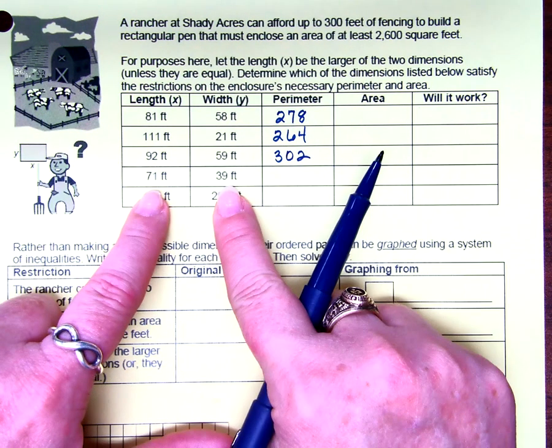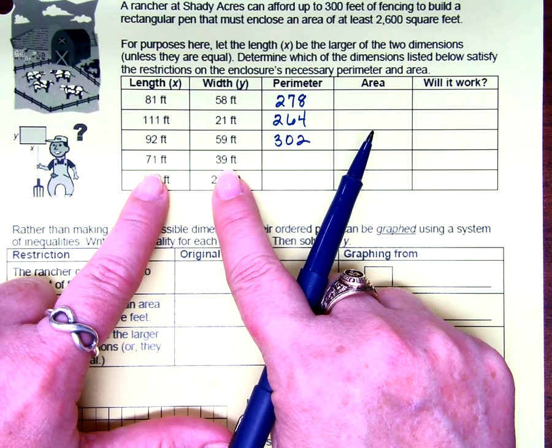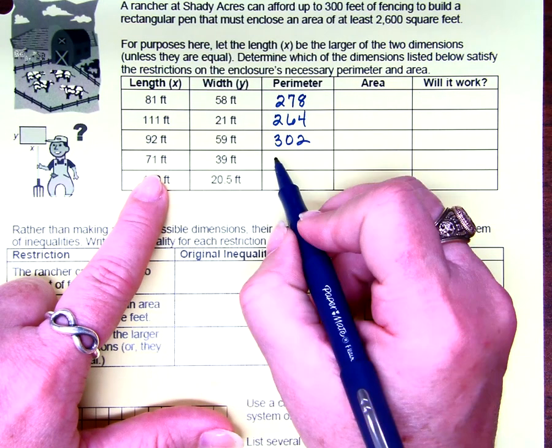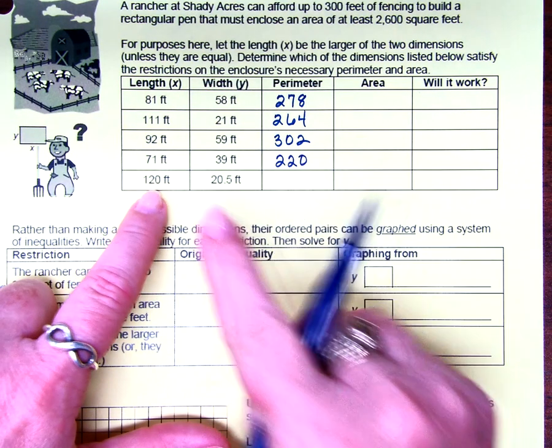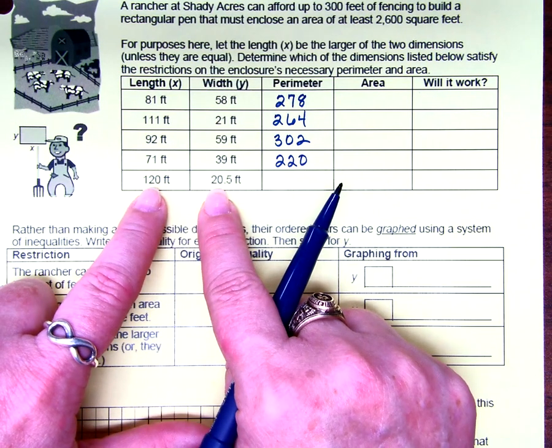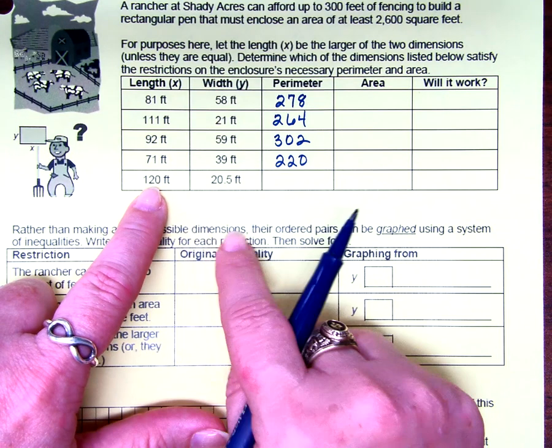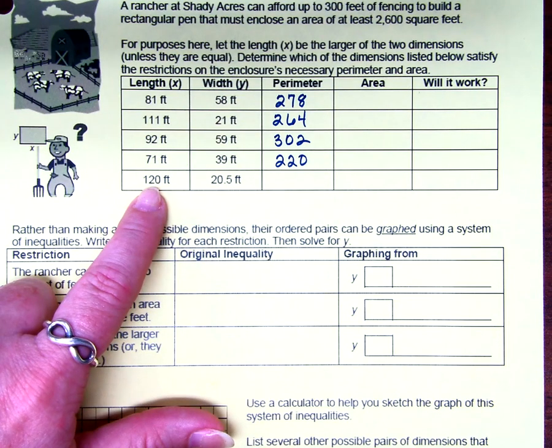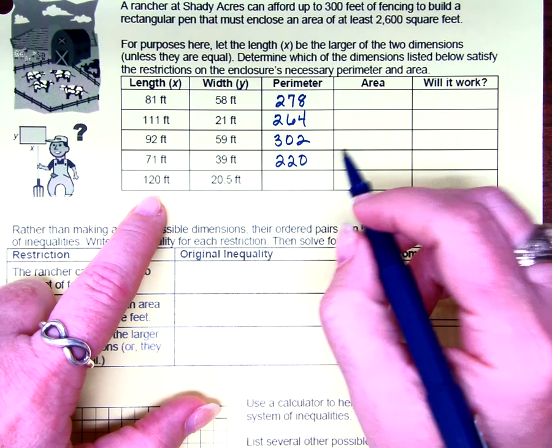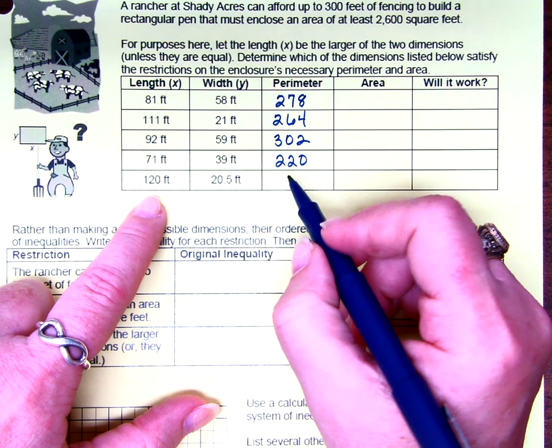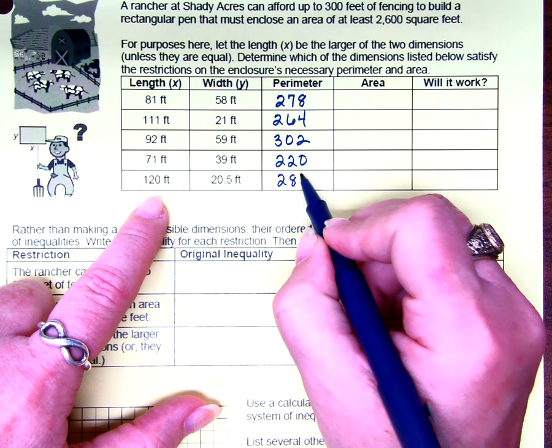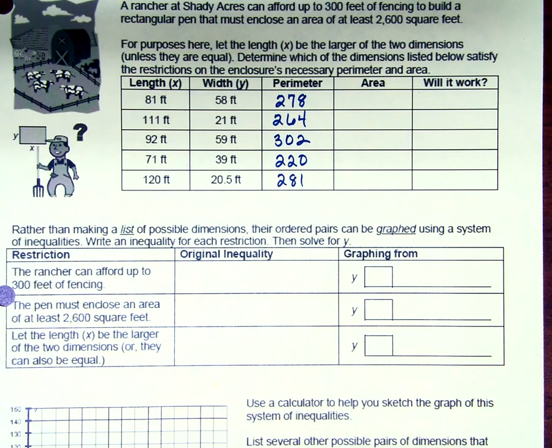What about 71 times 2 plus 39 times 2? 220. And then 120 times 2 plus 20.5 times 2. Thank you very much. So we just did all the perimeters at the same time because we had that set in our head. You okay with that? Okay, what about areas?